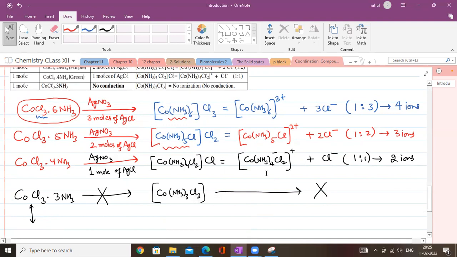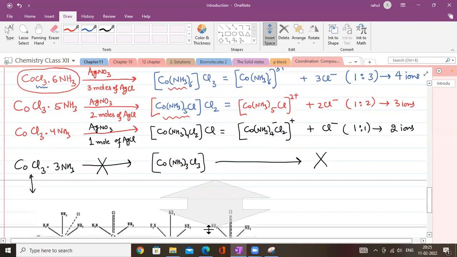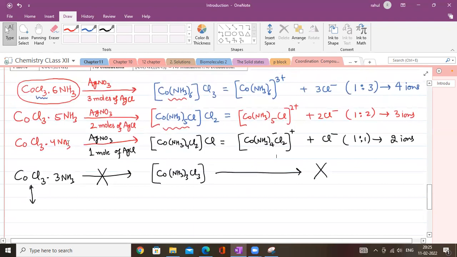Let's start by drawing the structure of the first compound, which was drawn by Werner. It was this compound, CoCl3 with 6 ammonia. If I try to draw the structure, cobalt is at the center. I have ammonia, ammonia, ammonia, another ammonia over here and here.